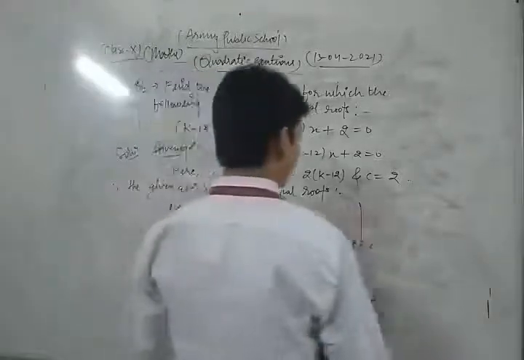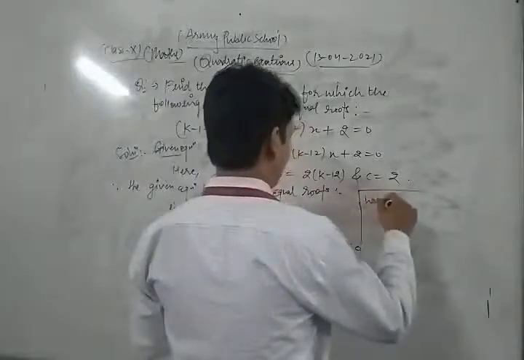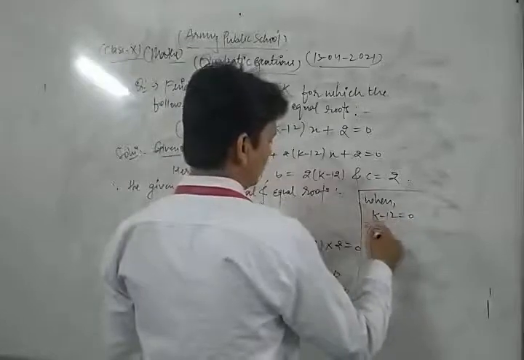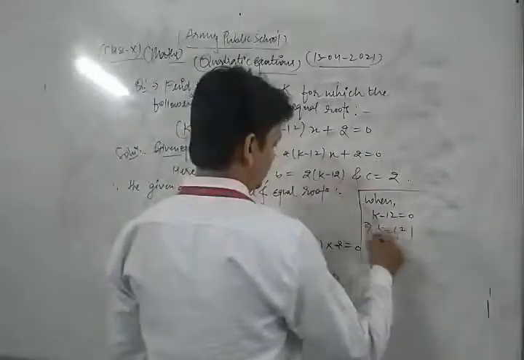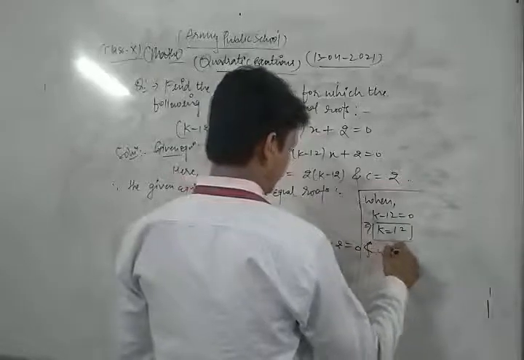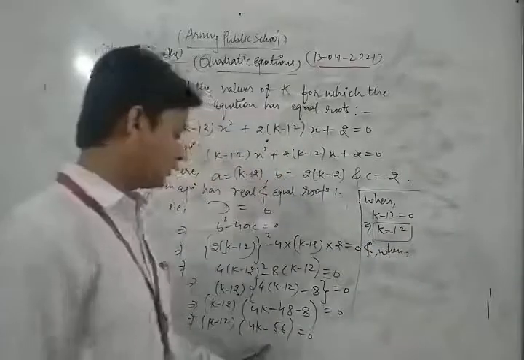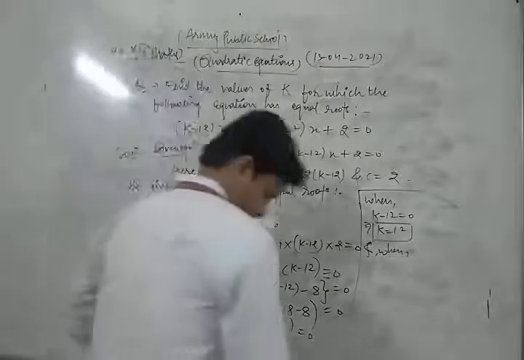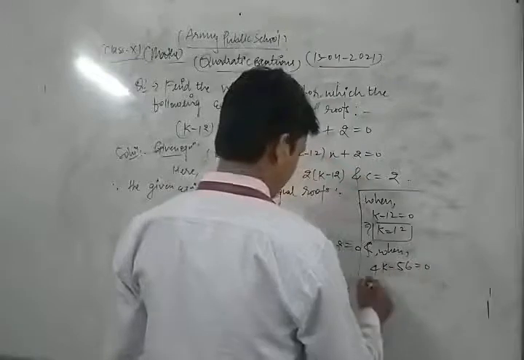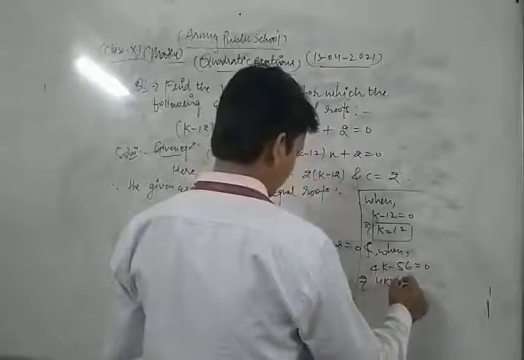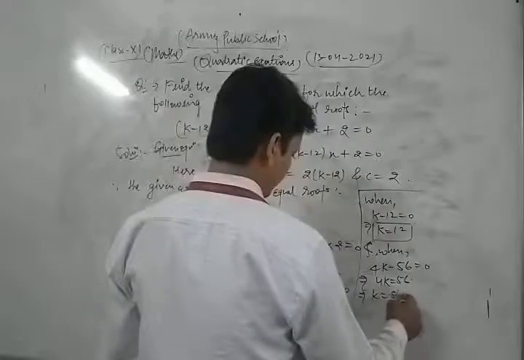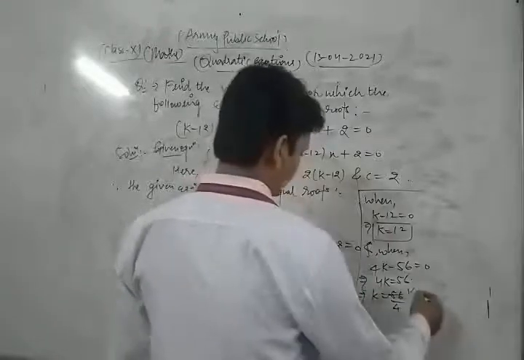Now we take each factor equal to 0. When k minus 12 is equal to 0, the value of k is what? 12. And when 4k minus 56 is equal to 0, that is 4k is equal to 56, that is k is equal to 56 upon 4, that is 14.